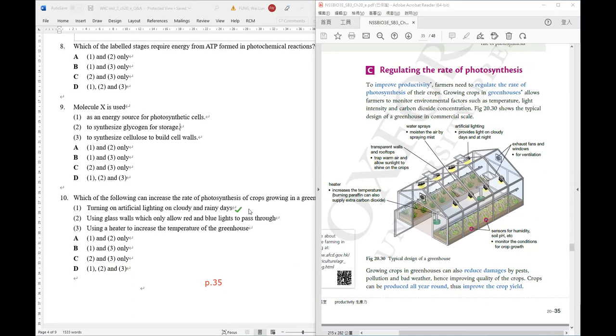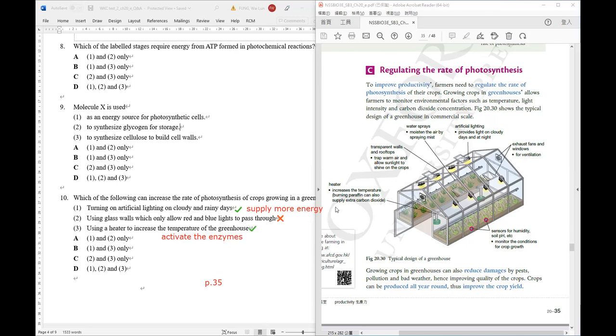This is correct, more light energy, supply more energy. Use a heater to increase the temperature. It's also correct, to activate the enzymes. 1 and 3 are correct, but 2 is not correct.